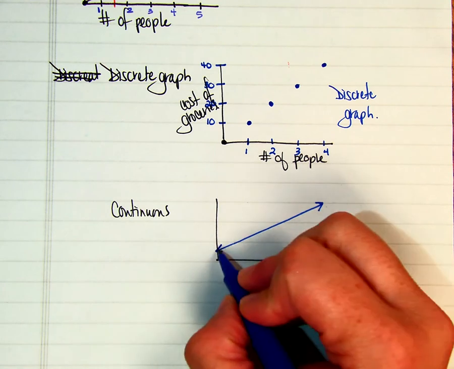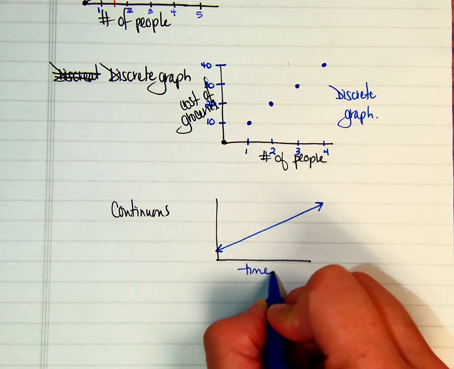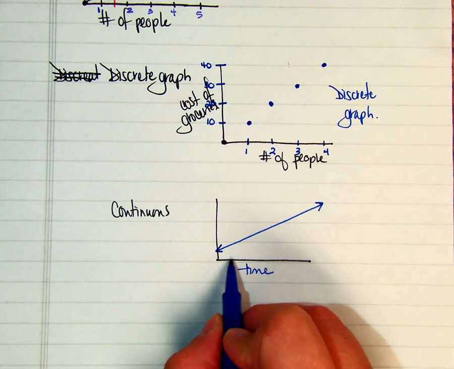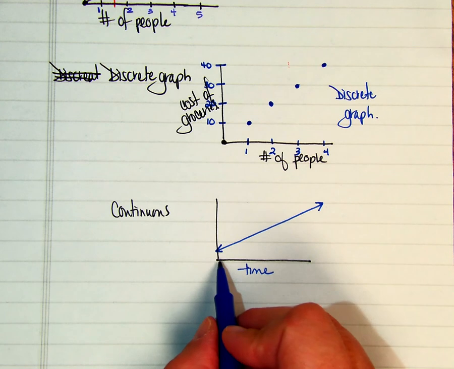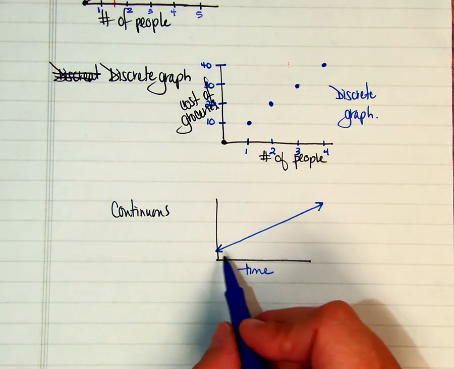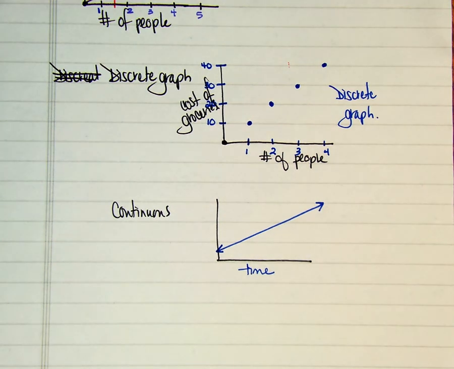So a continuous situation, we'll be talking maybe about money or time. We can have minutes and seconds and parts of an hour. We could have parts of a dollar using pennies, nickels, and dimes, but we're not going to have parts of people. Okay, so 2 different kinds of graphs, discrete and continuous.